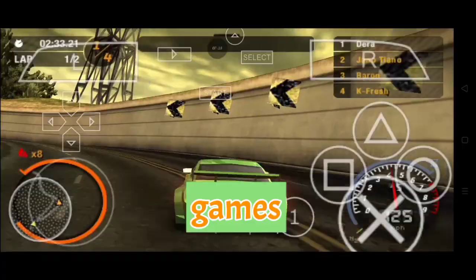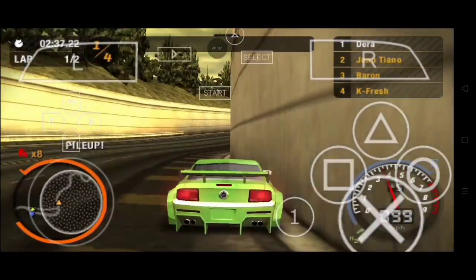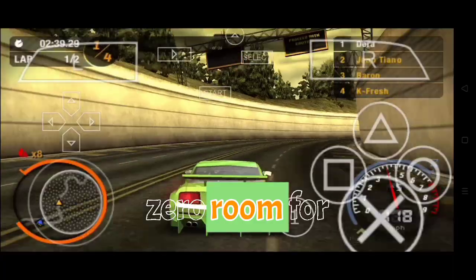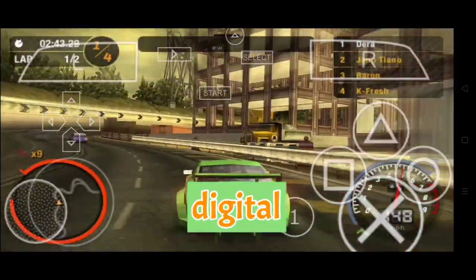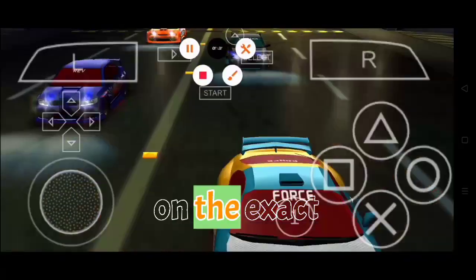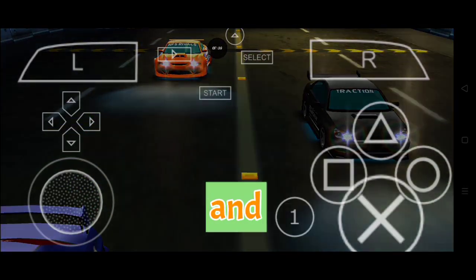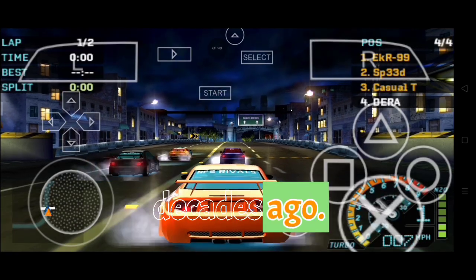Every statistic served a strict structural purpose. There was zero room for computational bloat. When modern game developers design a digital progression system, they are running on the exact same psychological and mathematical rails mapped out by analog pioneers decades ago.